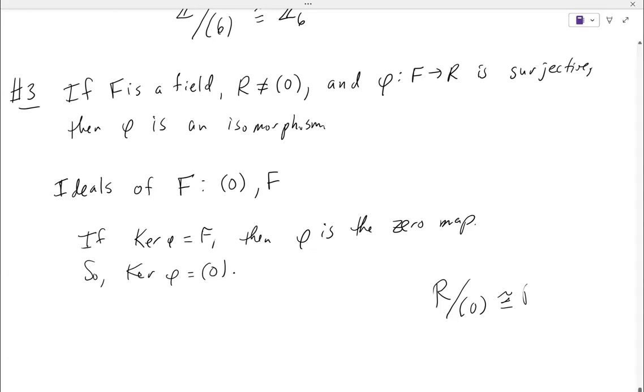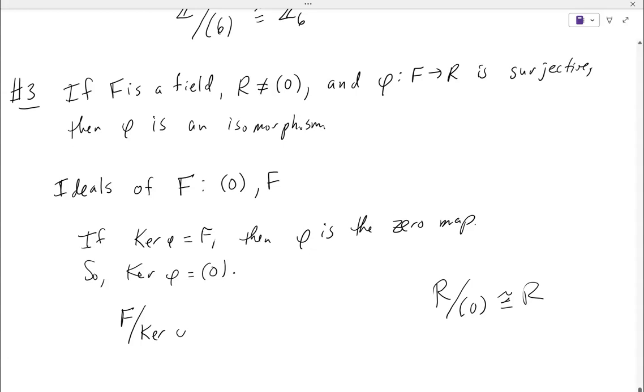It's just R back again, right? I didn't do anything, did I? All the cosets of the 0 ideal are just all the elements of R.